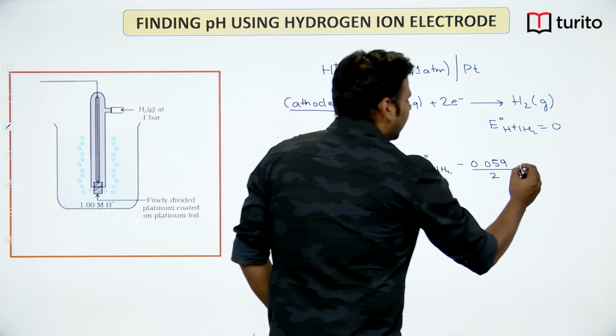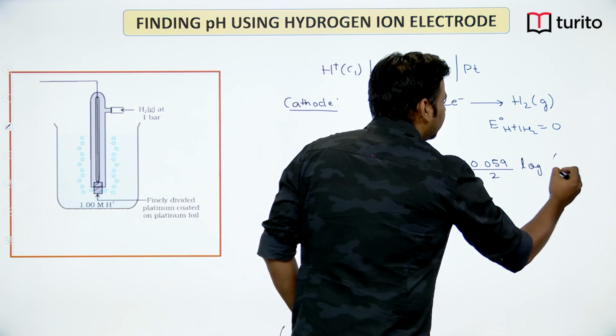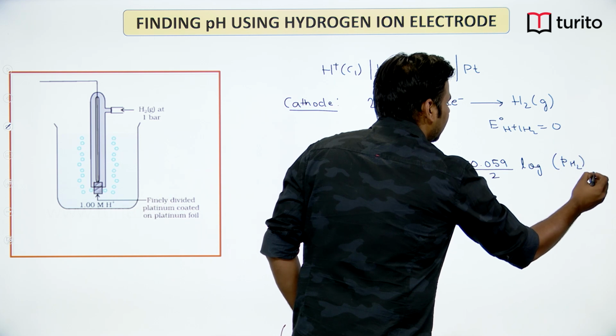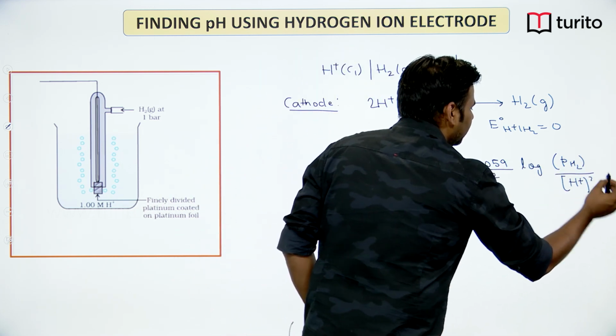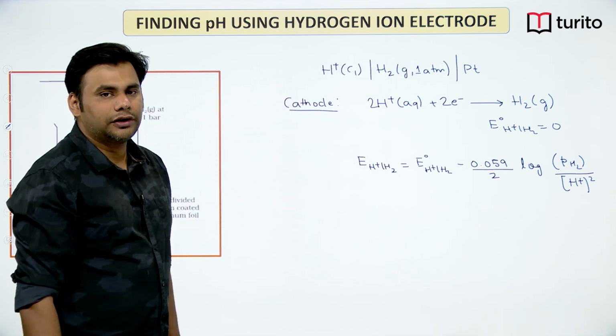So I can write this as log of partial pressure of hydrogen divided by concentration of H plus raised to power 2. I hope this is clear to you. So this is the Nernst equation.